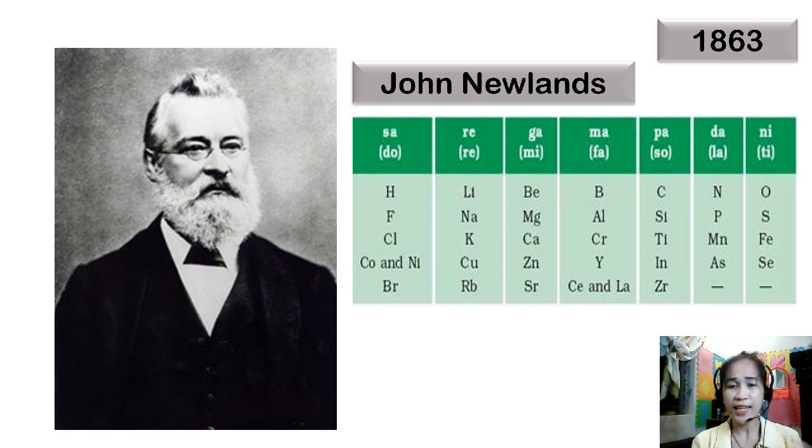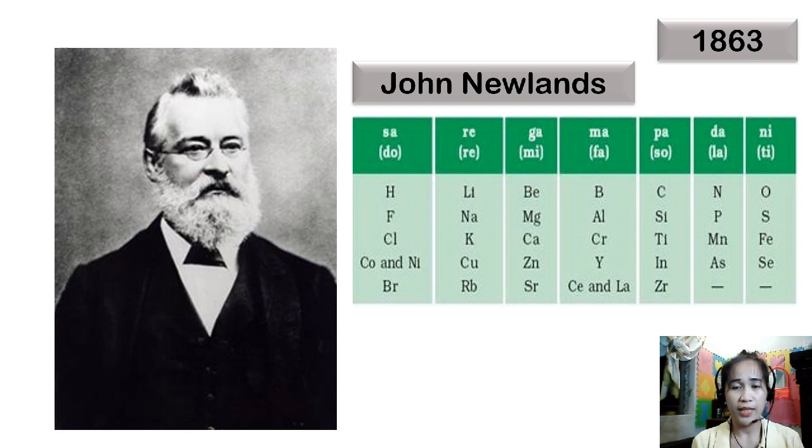And in 1863, John Newlands, an English chemist, proposed the law of octaves. So he based his classification of elements on the fact that similar properties could be noted for every 8th element when they are arranged in order of increasing atomic masses.